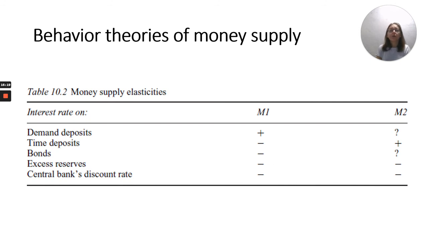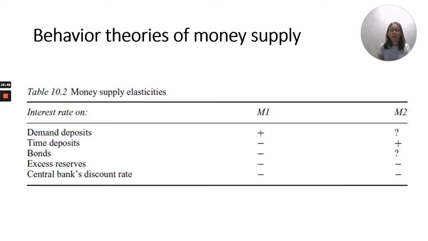The first question, it's not easy to answer, because the results, as you see in this table, depend on what indicator we choose for the money aggregate. Usually there might be two options, M1 and M2, where I want to remind you that M1 is cash and demand deposits, whereas M2 is M1 plus time deposits.